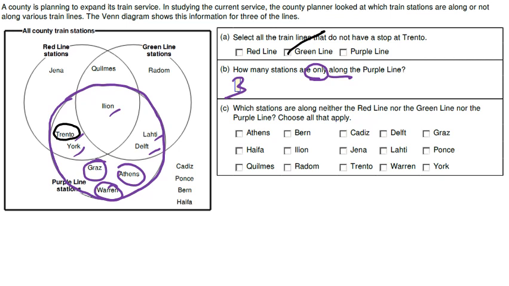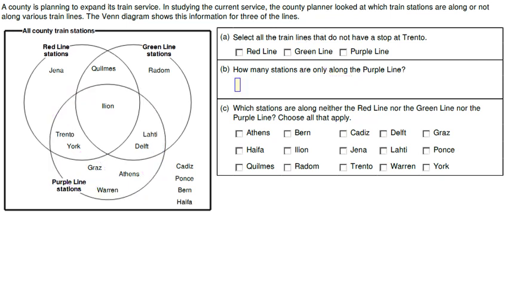Okay, finally, I'm going to clear this out. So again, I'll lose everything apparently, but I'm trying to figure out why. But I'm going to clear this out, and we're going to answer question C. Which stations are along neither the red nor green line nor the purple line? So none of the three lines.